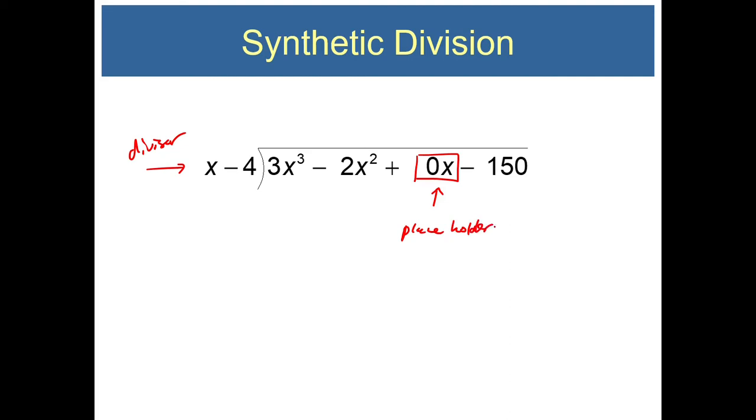It's not necessary for the problem, but it really helps us out because if the 0x was missing, our powers will not be in the correct order. We need the powers to be 3, 2, 1, then a power of 0 in order for us to do long division. So generally we put a placeholder if there's any exponent that is missing.